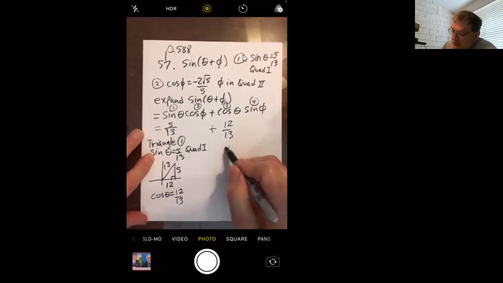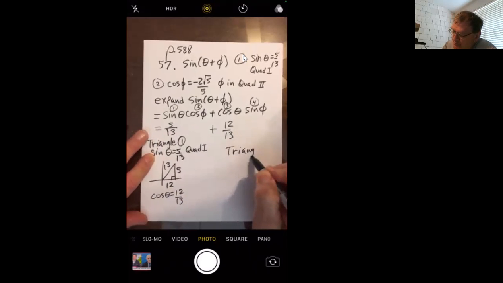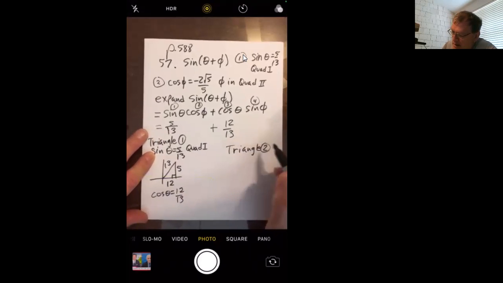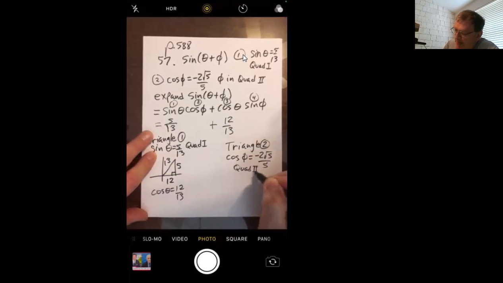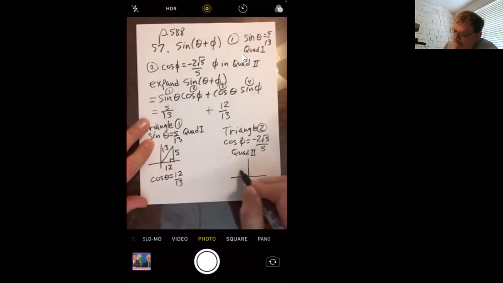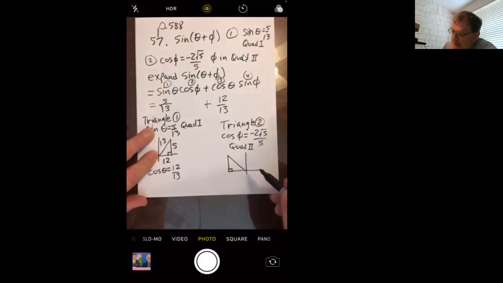All right, go to triangle 2. Cosine of your phi is -2√5/5, quadrant 2. Okay. Cosine is adjacent over hypotenuse.